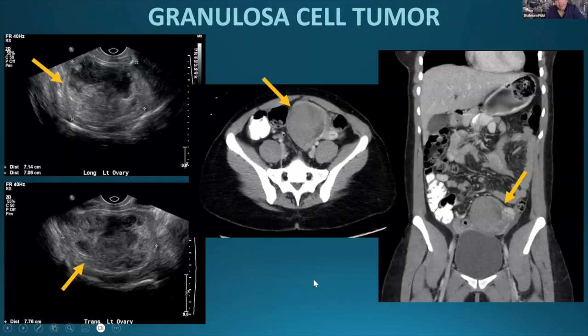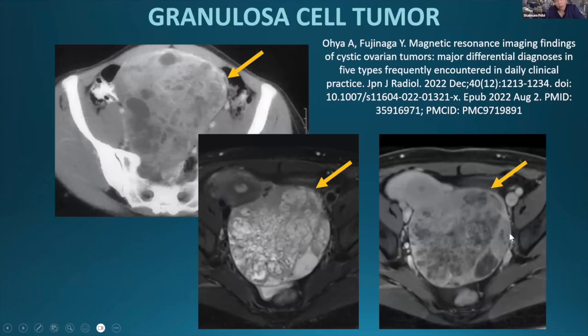This is an example from our practice, a patient with a large mixed solid and cystic mass within the left adnexa on ultrasound. Here's contrast-enhanced axial and coronal CT imaging, again showing a predominantly solid mass within the left adnexa, a tiny amount of ascites, and this patient had a proven granulosa cell tumor.